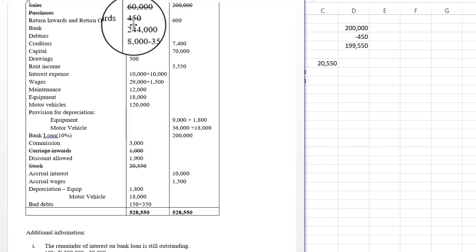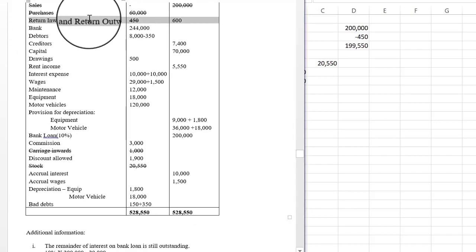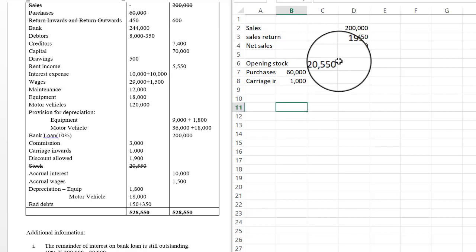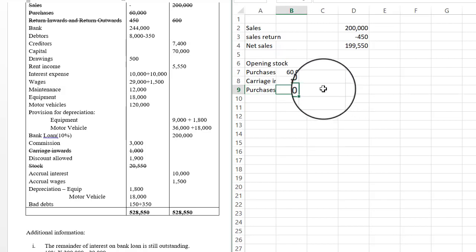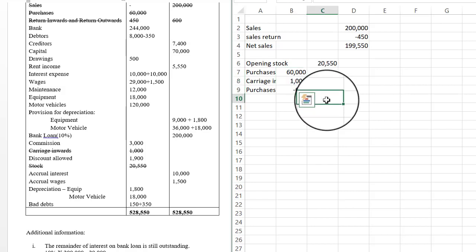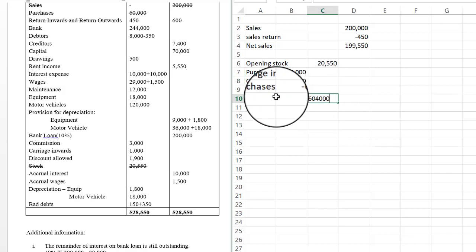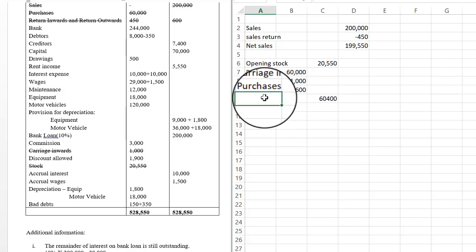Yes, you have a return outward of 600, so you have to minus off this return outward. In total you have 6,400. This is your net purchase.